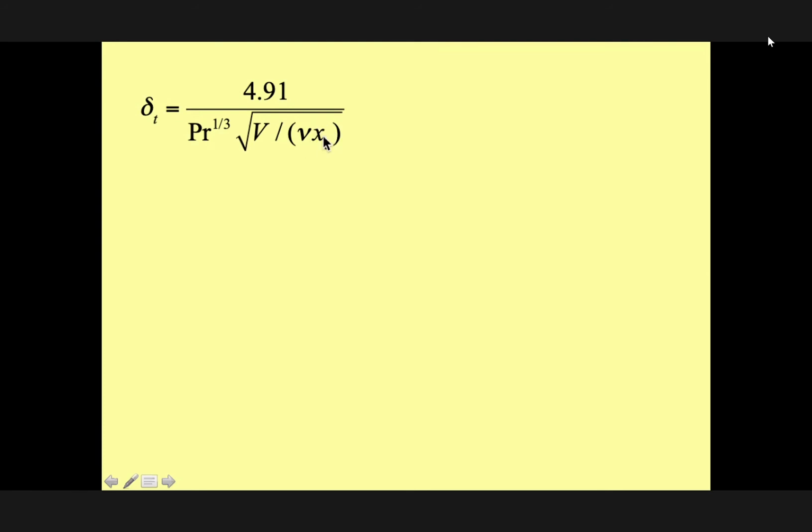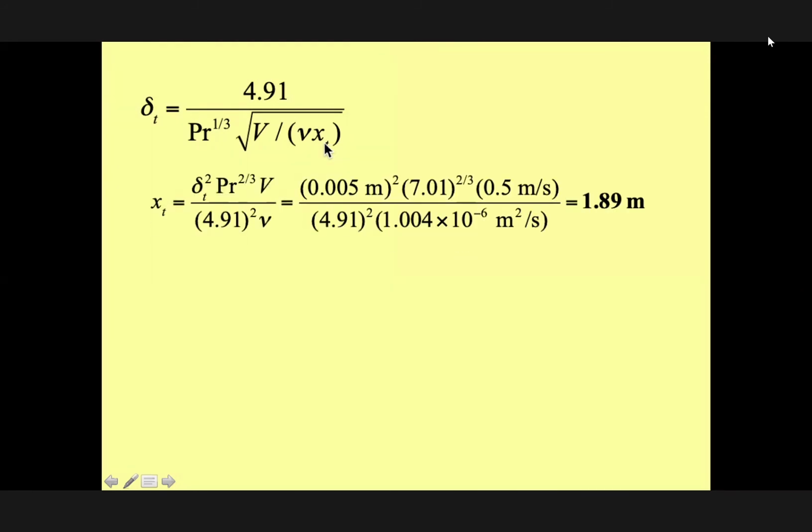Therefore, this is the thickness of the temperature profile, okay? You come back here, you put the number here, and you can see the temperature profile will develop much later, 3 times later, okay? That was 0.5, here is 1.8. Therefore, at that point, the velocity profile and temperature profile go together, okay?